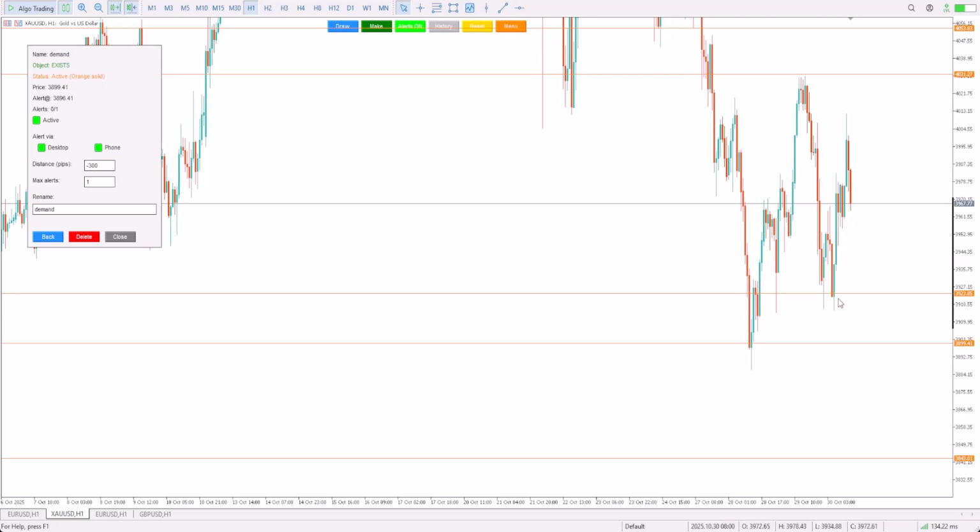So this will essentially have me on my toes to go sit on the PC, focus, get my coffee, focus, because it might be the key level for the day. So I get notified earlier that the price is approaching my level essentially.